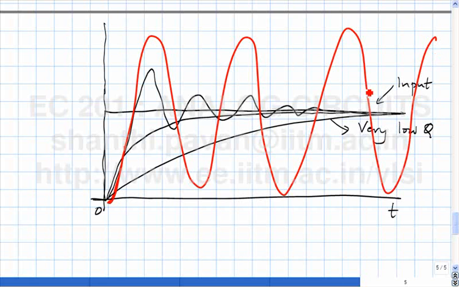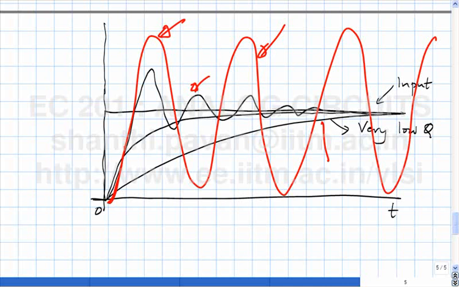Note that in all these cases, the average value of the output is still correct. The average value of this waveform is 1, and so is this waveform. After a very long time, all these asymptotically approach 1. But the time taken for them to approach 1 will be very, very different. This, for example, will never approach 1.